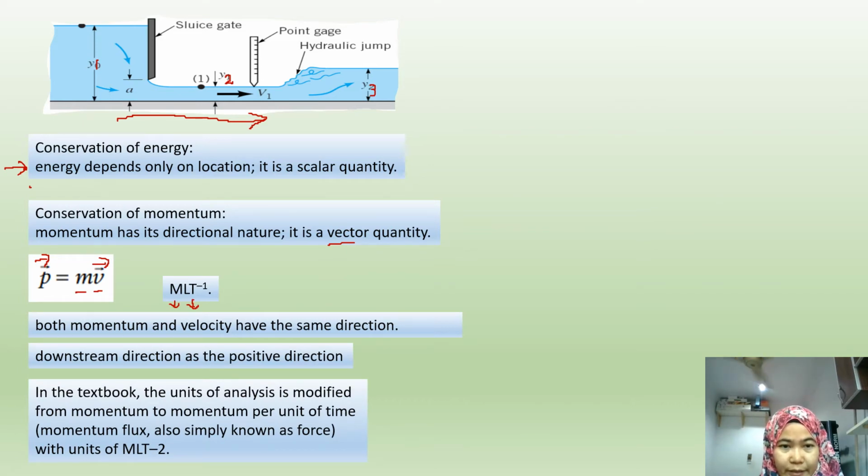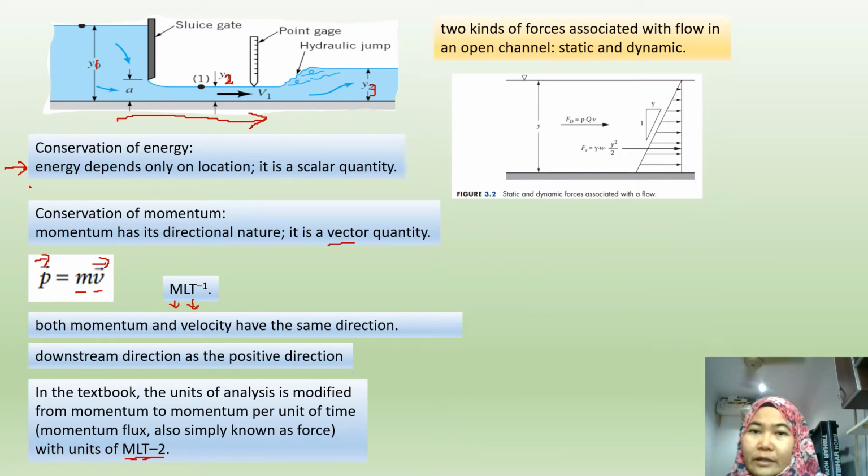From the textbook, the unit of analysis is modified from momentum to momentum per unit of time. This momentum per unit of time is also known as momentum flux, which is simply known as force. Force equals mass times acceleration. There are two kinds of forces associated with flow in open channel, static and dynamic forces.